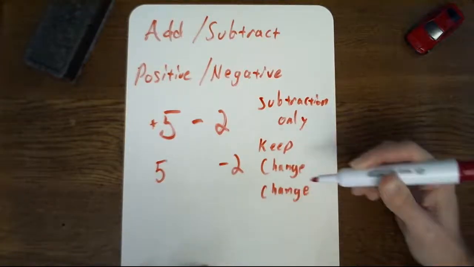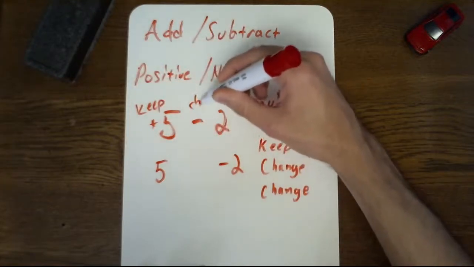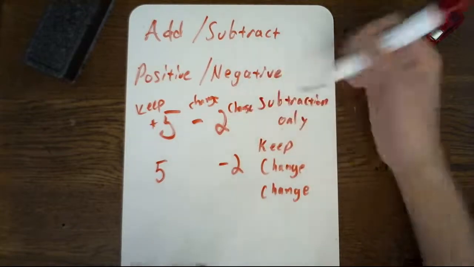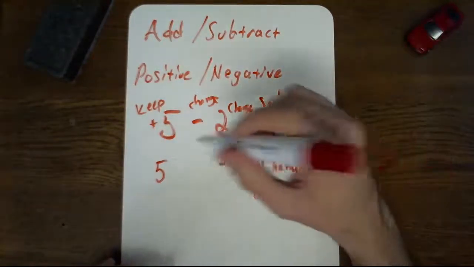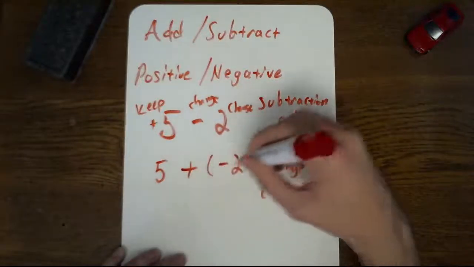What does that mean? Well, it means you keep this number, you change that sign, and you change this number to its opposite. So instead of subtracting off 2, you're adding the opposite.